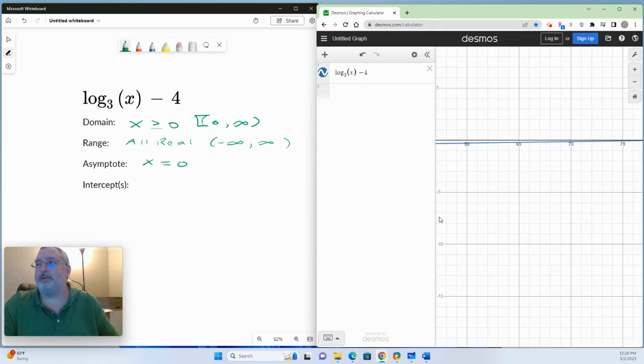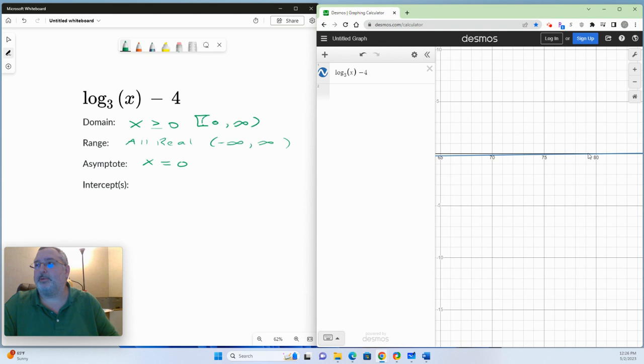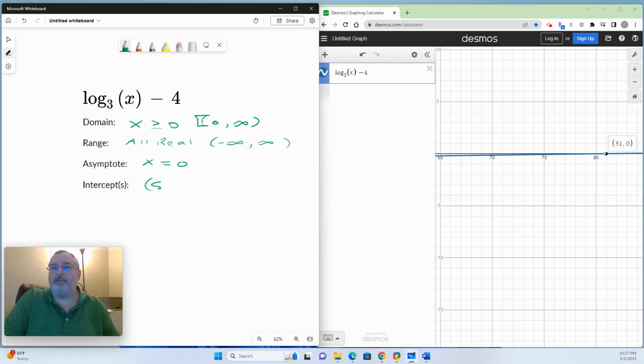If we keep going, we can find it somewhere right in there, or we can just follow the line till we get to 0, which is right there at 81, 0. And so our intercept is 81, 0, and there is no y-intercept because it never crosses the y-axis.